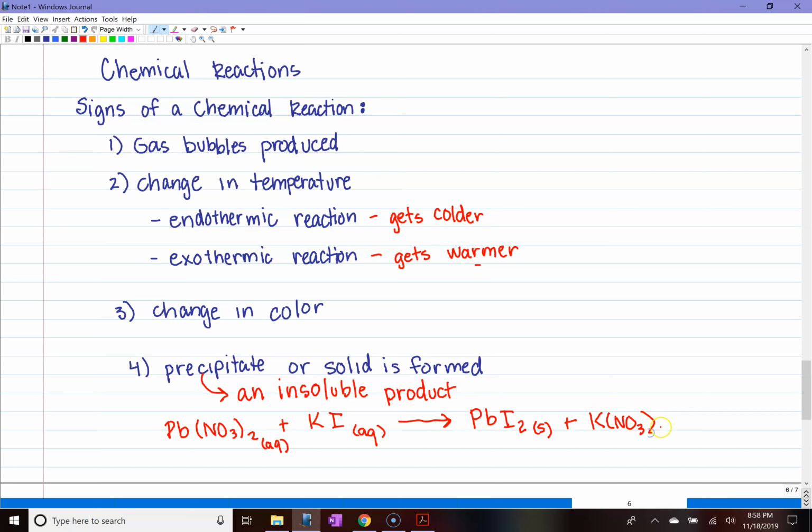And potassium nitrate is also aqueous. And then I'm just going to balance this, even though we haven't really balanced equations yet. But I'm going to balance this one. And so this would be the reaction. This is the bright yellow precipitate that we saw.